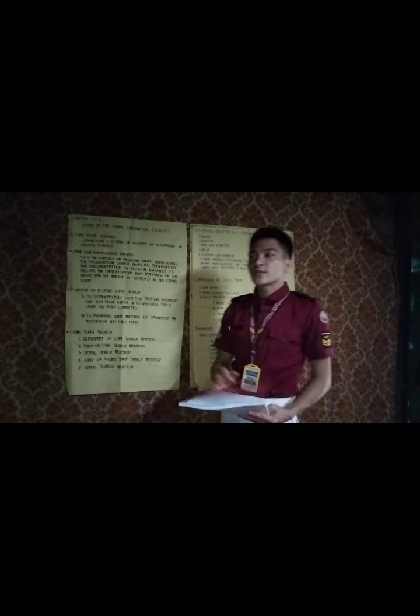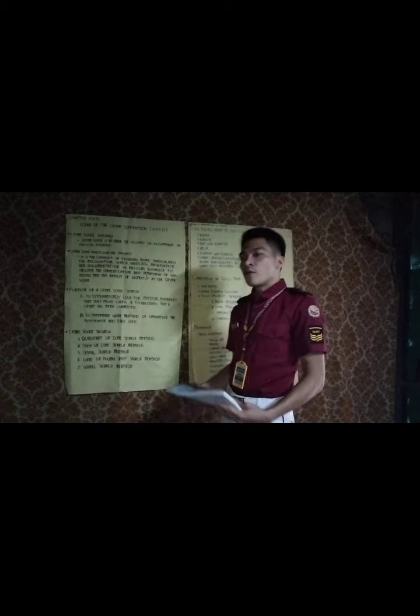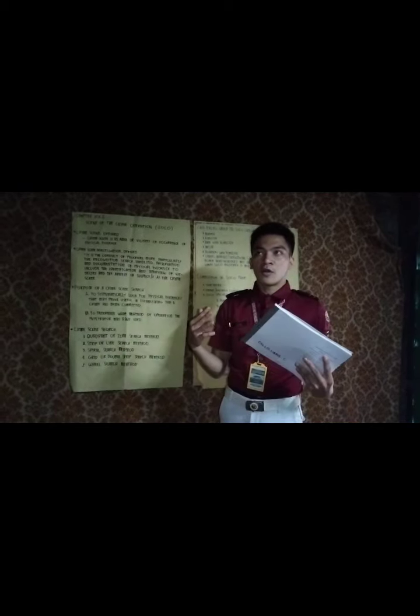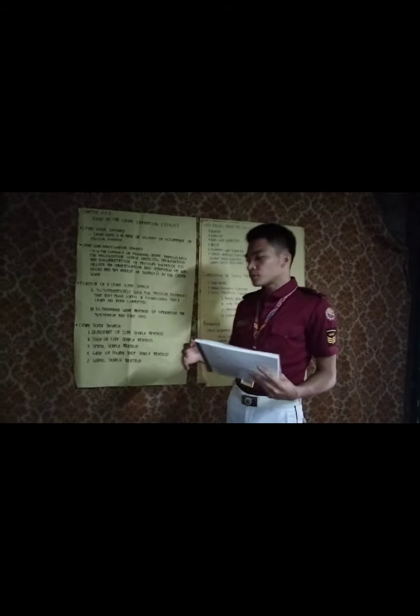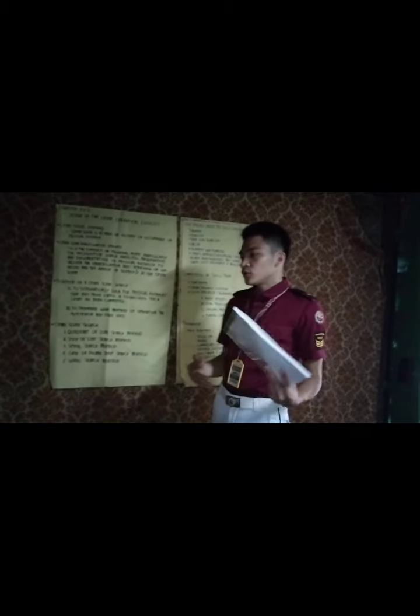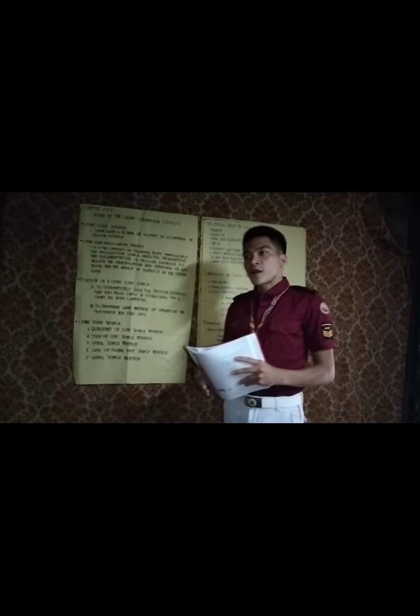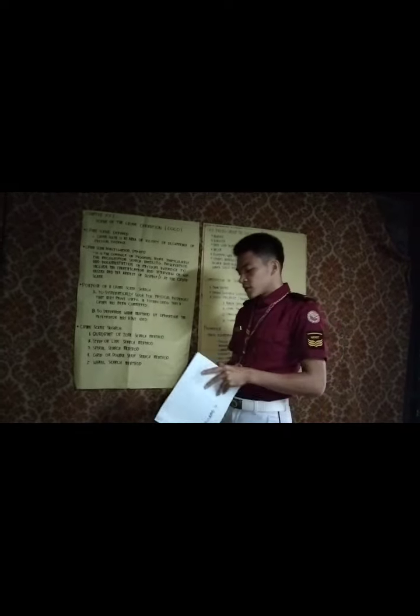So depending on the situation of the crime scene, for the process of gathering evidences of the crime scene and to locate where the object is and who is the perpetrator of the crime committed.